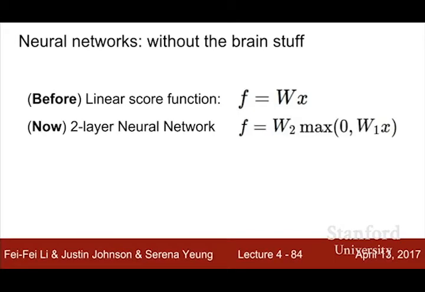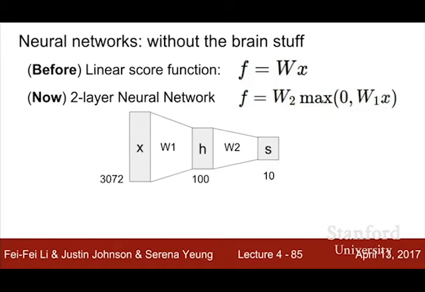So instead of using this single linear transformation, if we want a neural network, we can, in the simplest form, just stack two of these together, a linear transformation on top of another one, in order to get a two-layer neural network. And so what this looks like is first we have a matrix multiply of W1 with x, and then we get this intermediate variable, and we have this nonlinear function, a max of 0 with this output of this linear layer.